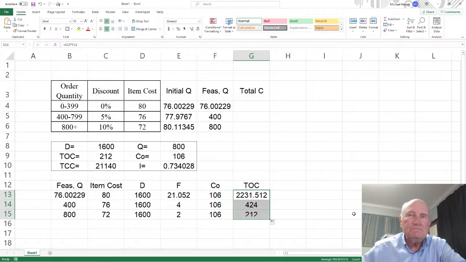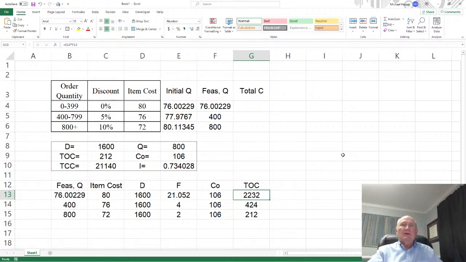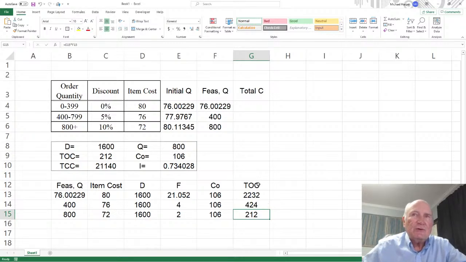Let's just bring this down to dollars. Notice our ordering cost is pretty high for this, and it begins to go down. Interesting. Why? Because we're ordering so many times with a low Q. Okay, that's ordering cost. Let's do the carrying cost next.